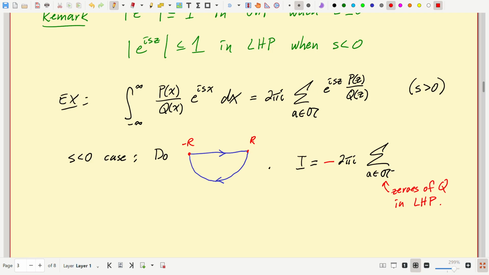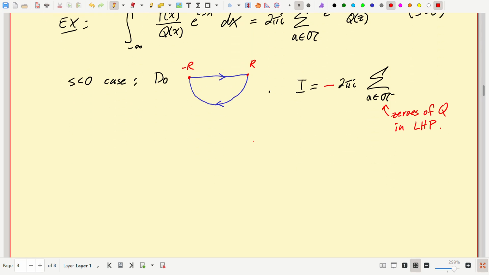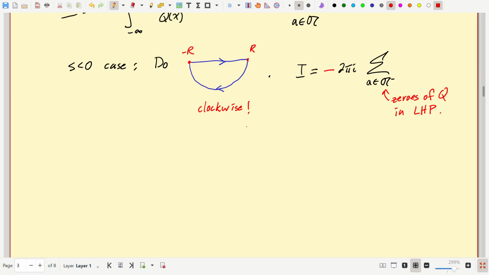So you have to take the minus somewhere. So this is clockwise. Okay, so that's a great example of an application of the residue theorem, especially to Fourier transforms.